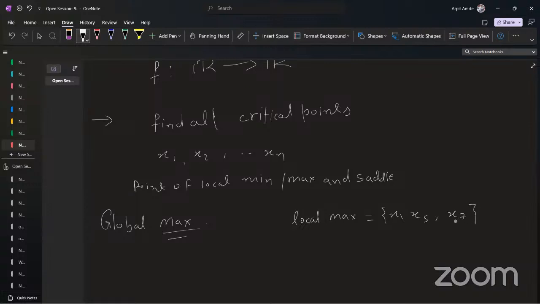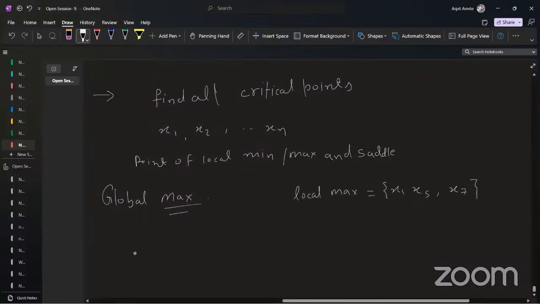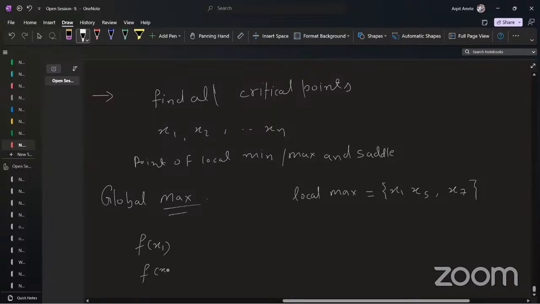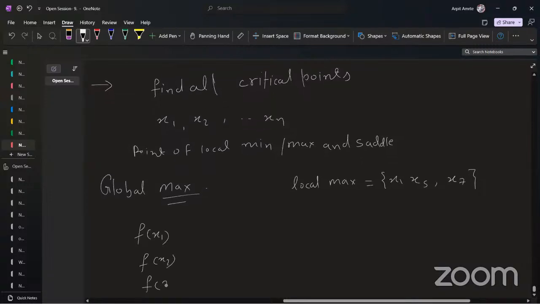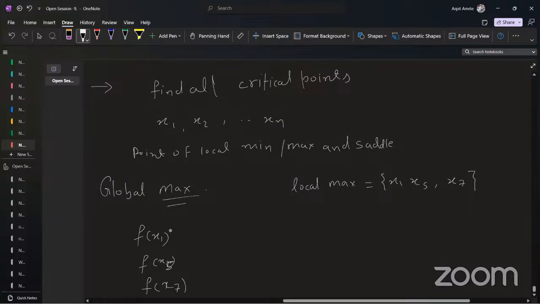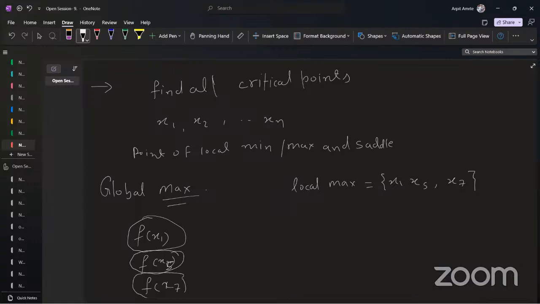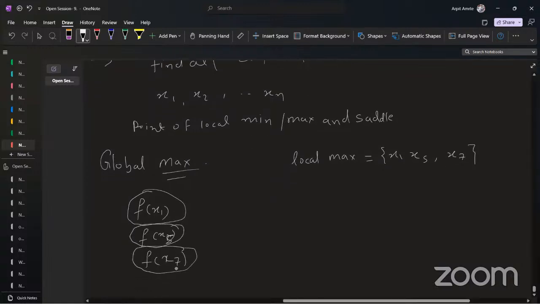For that case, just find f(x1), f(x5), and f(x7). It means find all the local maximum values your function is attaining. Okay.